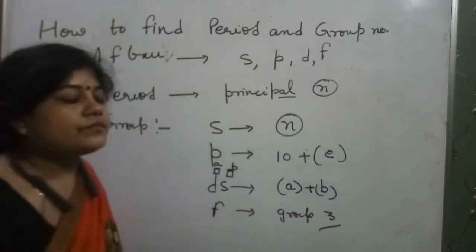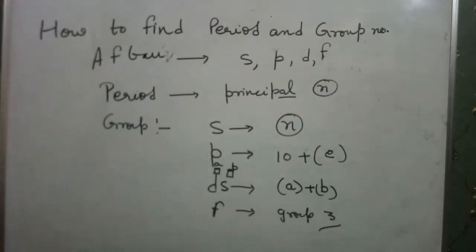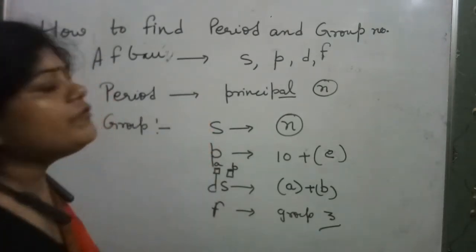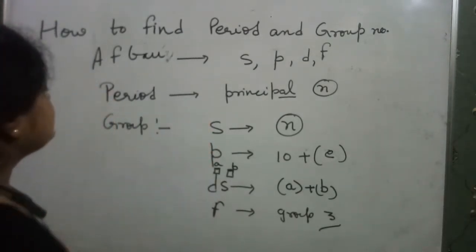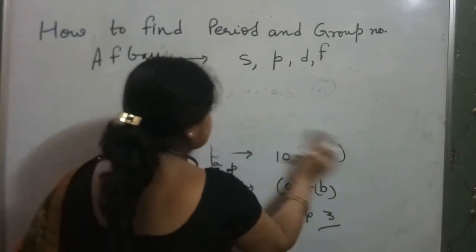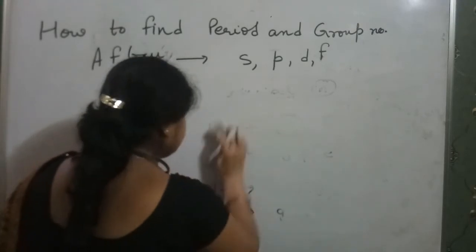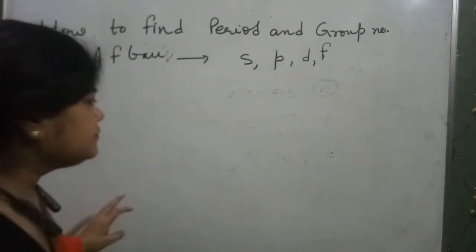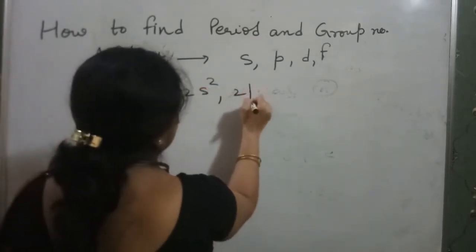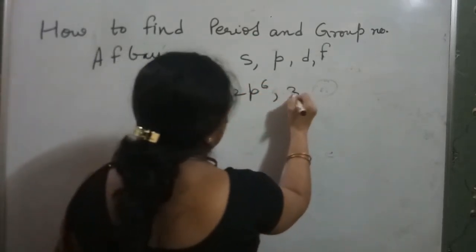Okay, so in this way we can find different types of groups if the configuration is given in the form of subshells. For example, I have a configuration like this: 1s2, 2s2, 2p6, 3s2.